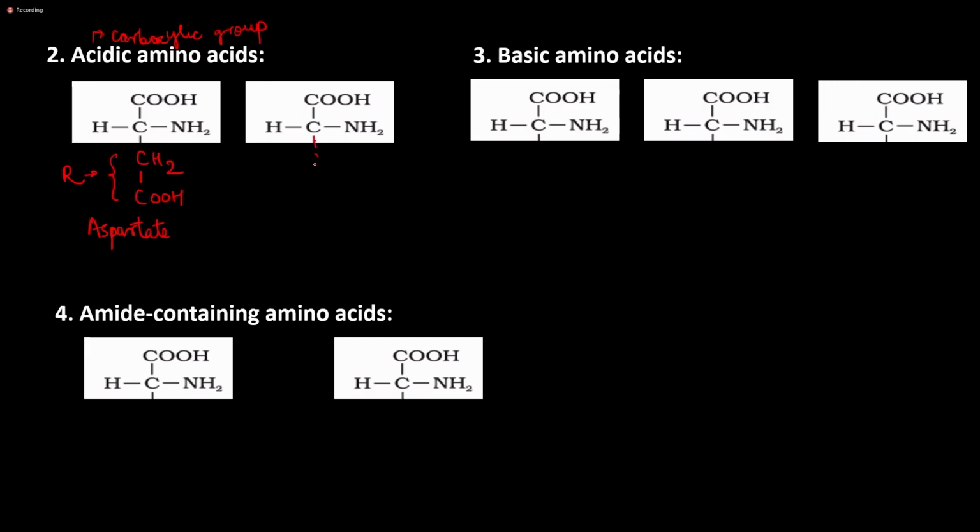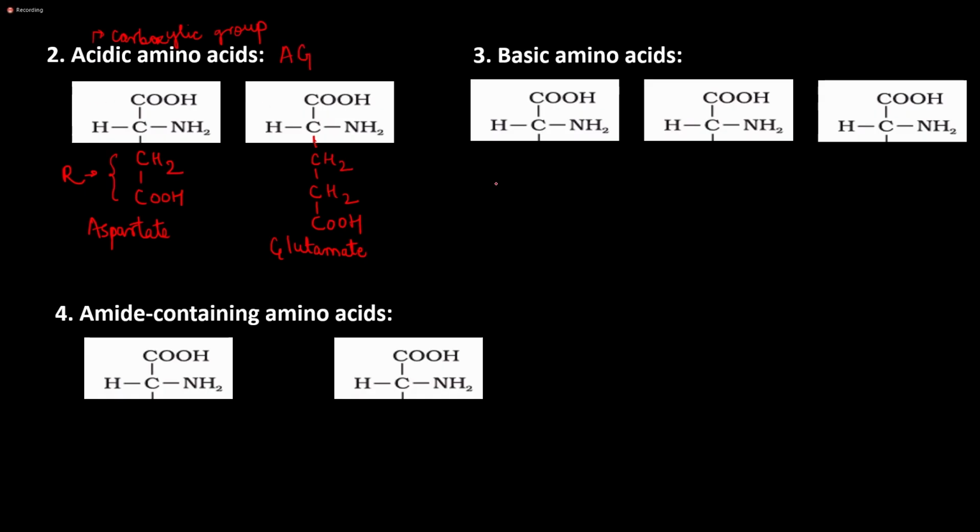It is the same as aspartate, but it has an additional CH2 group. So aspartate has only one CH2 while glutamate has two CH2 groups. The acidic amino acids are, you can write A and G, aspartate and glutamate.